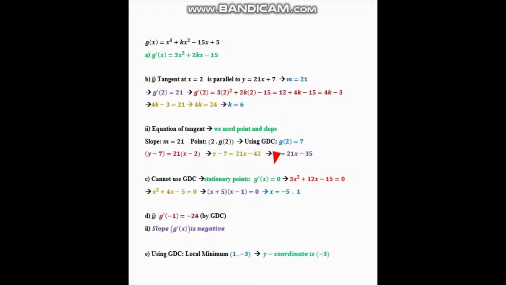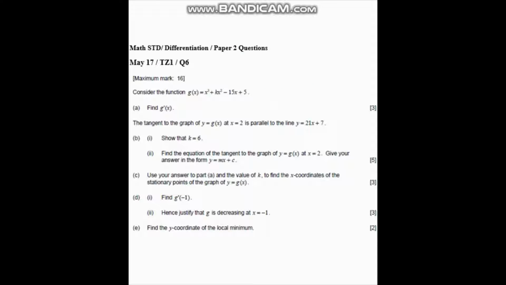Hence g dash is 0. Hence this expression is equal to 0, and this is the same as what we found in A, but with k equals 6. So I've plugged the k into the expression. I shall solve this equal to 0. We can factorize and we find that x equals negative 5 and x equals 1.